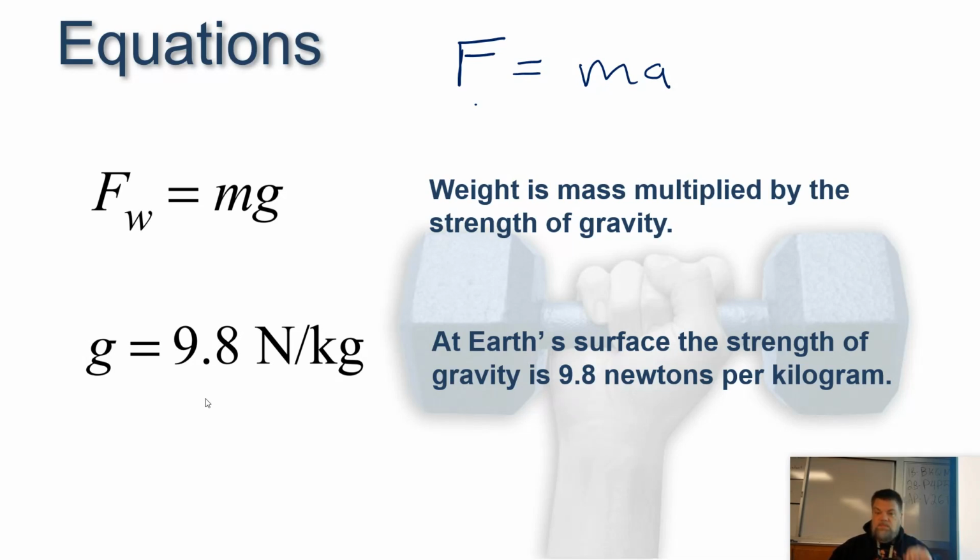And so that number of 9.8 keeps coming up over and over and over again. The reason this relates to the T-shirt launcher project is, well, the T-shirt has a mass. It's going to be accelerated down towards the ground at a rate of 9.8 meters per second squared.